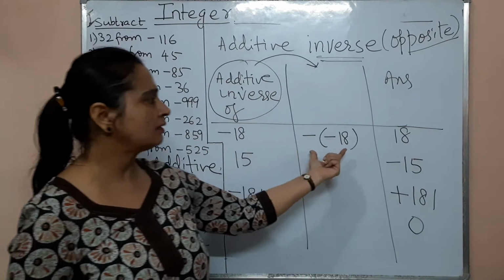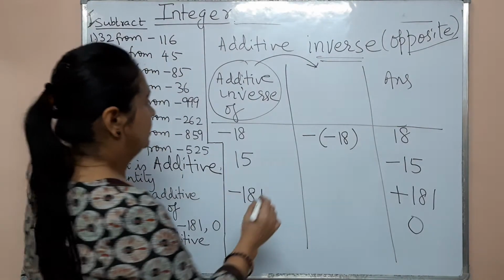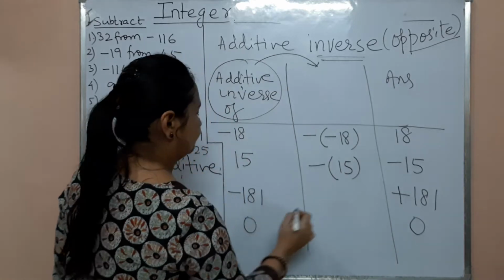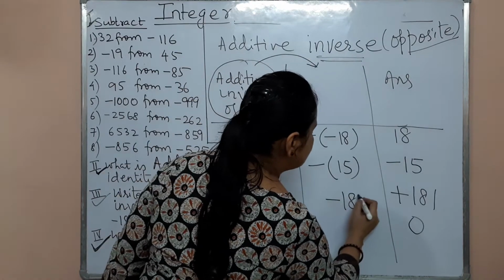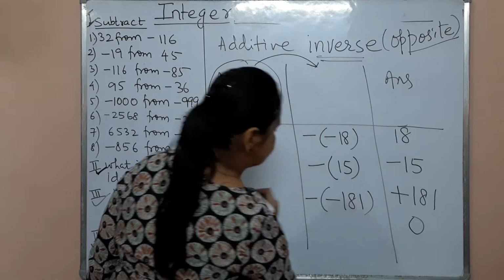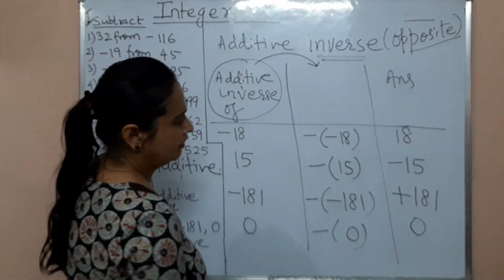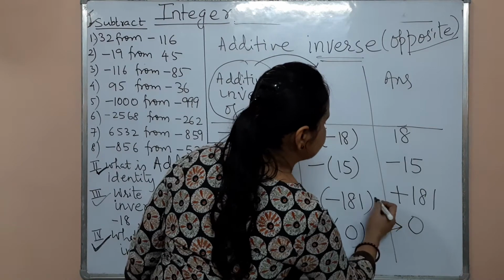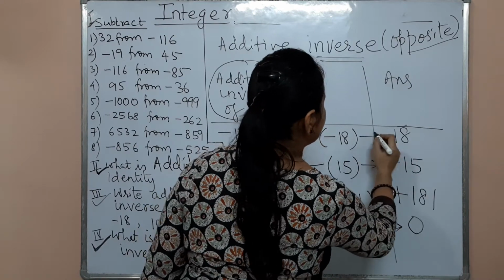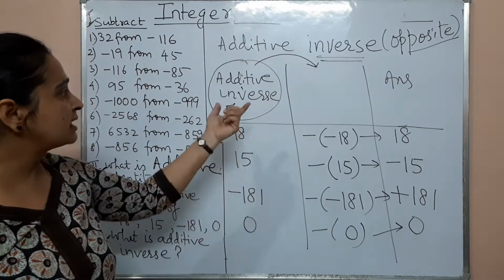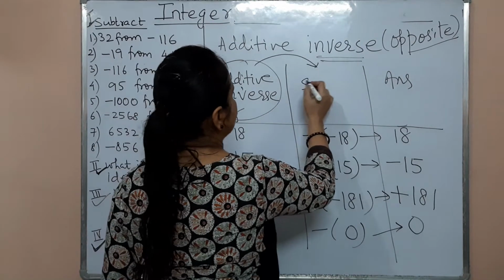This is the answer. 15 का additive inverse बताओ. minus 181 का additive inverse and 0 का additive inverse, right? And the answer is this. That means this question can be asked in the form of a statement. This question, the same question, ठीक है?